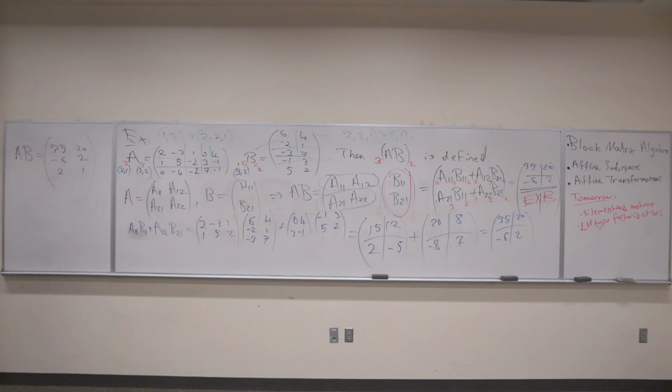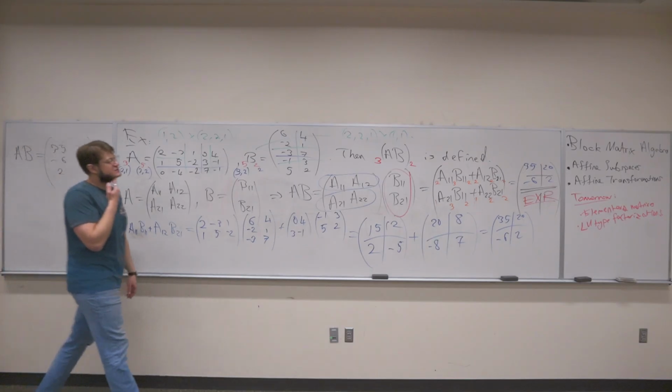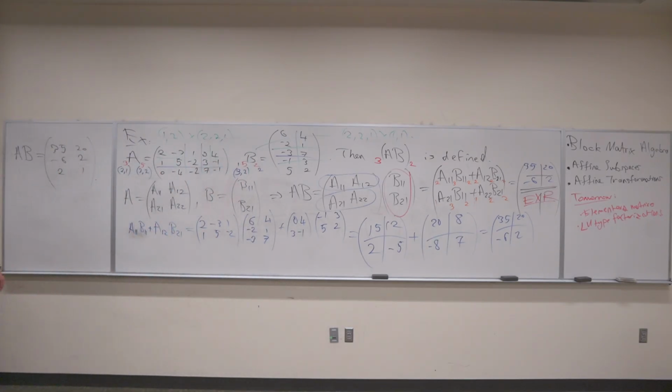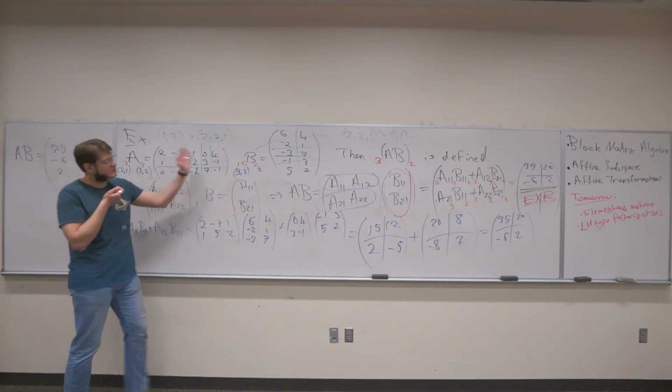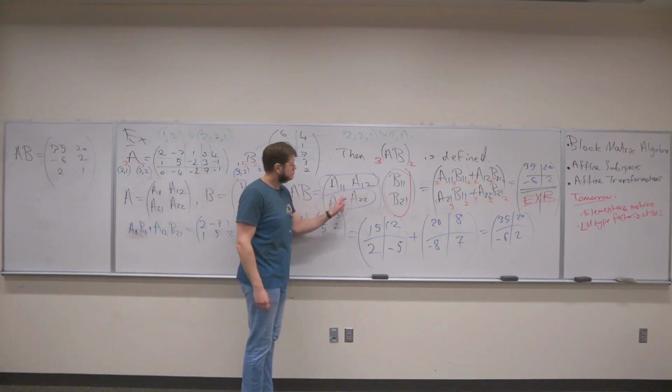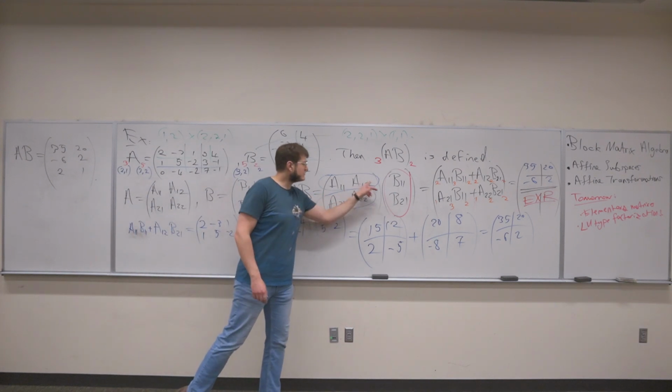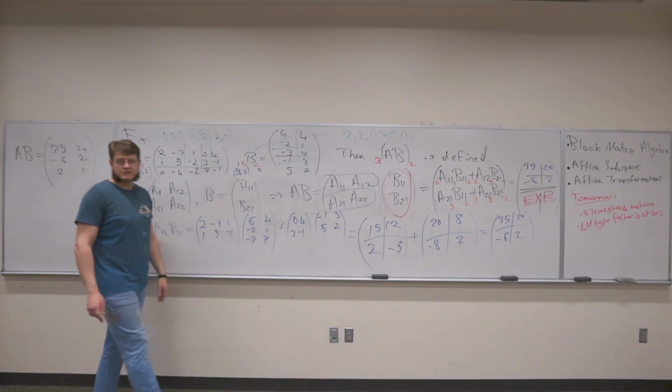Yeah. In the abstract, it's not really that clear why you would partition matrices this way, but in applications it becomes more meaningful. The only thing that matters is that you get to split your matrix into smaller matrices, and you get to pretend that these are scalars pretty much. That's how I think about it.